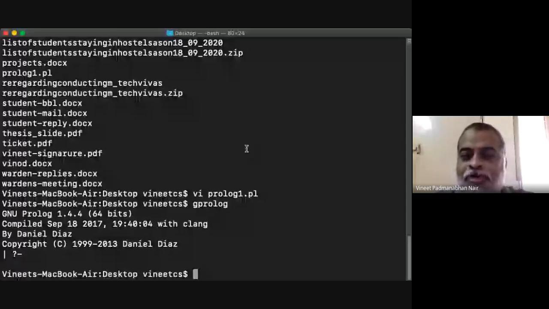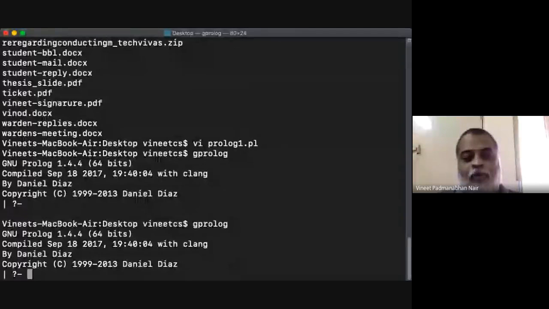Now you get a Unix window like this. You have to download gprolog as I was telling you, and once you install it, you run gprolog and you get the copyright 99 Daniel Diaz. Earlier I showed that I have written a code called prolog1.pl, in which those 4 lines of code are there.